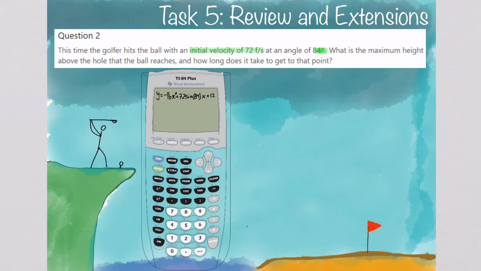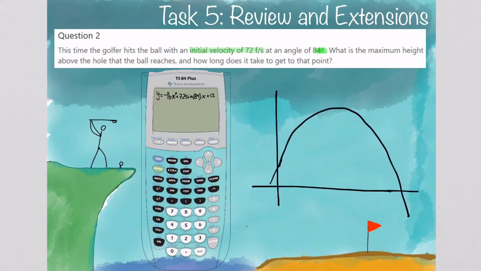Now we want to graph this. We should know that it's going to give us a parabola, and we can then calculate that maximum value, because that will correspond to the maximum height and the time that it takes to get there.